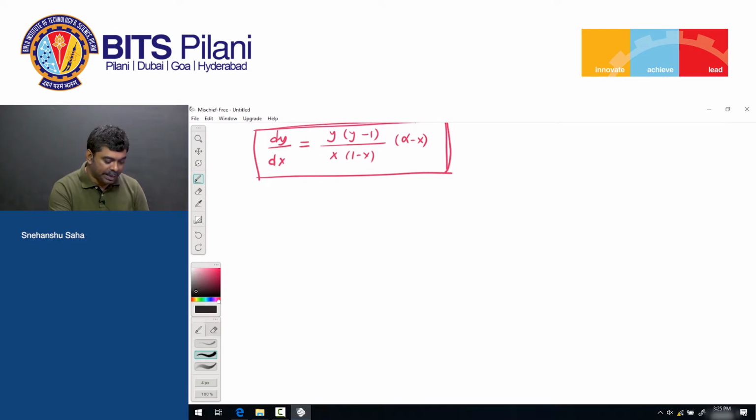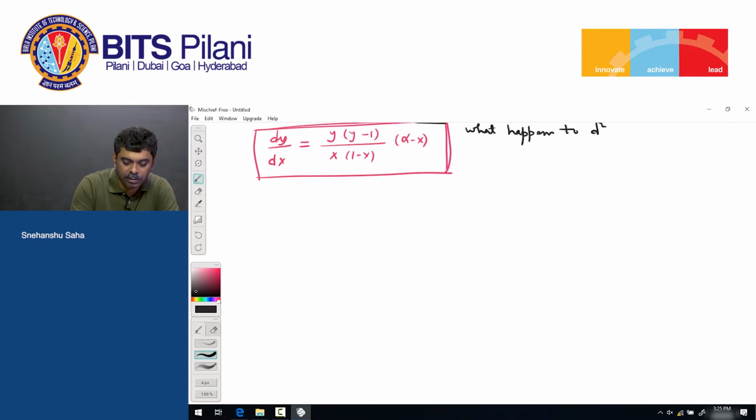The idea is, what happens to the double derivative? It's actually a bit cumbersome to compute the double derivative, because the expression will involve a lot of calculations, and therefore I would like to skip that.